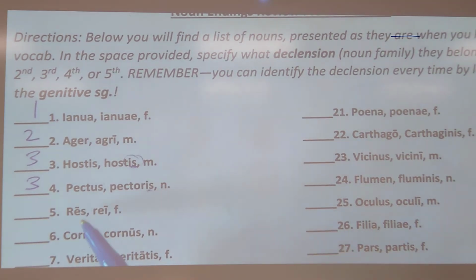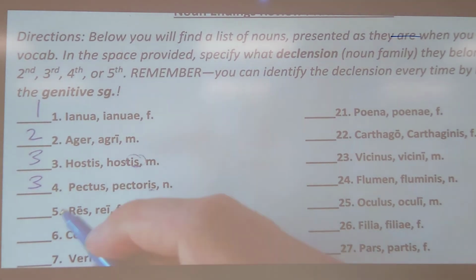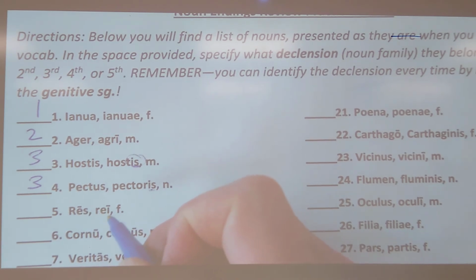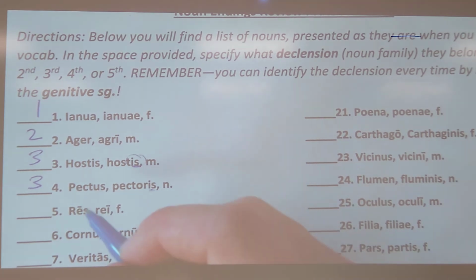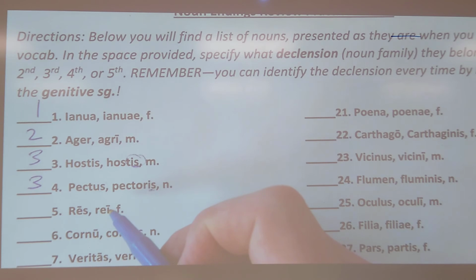All right, so looking at number 5, we have res, rei. This is possibly a little confusing if you don't remember all of your endings, but looking at your endings chart, if you have a noun where the nominative singular ends in es, and the genitive singular ends in ei, there's really only one declension that's true for.